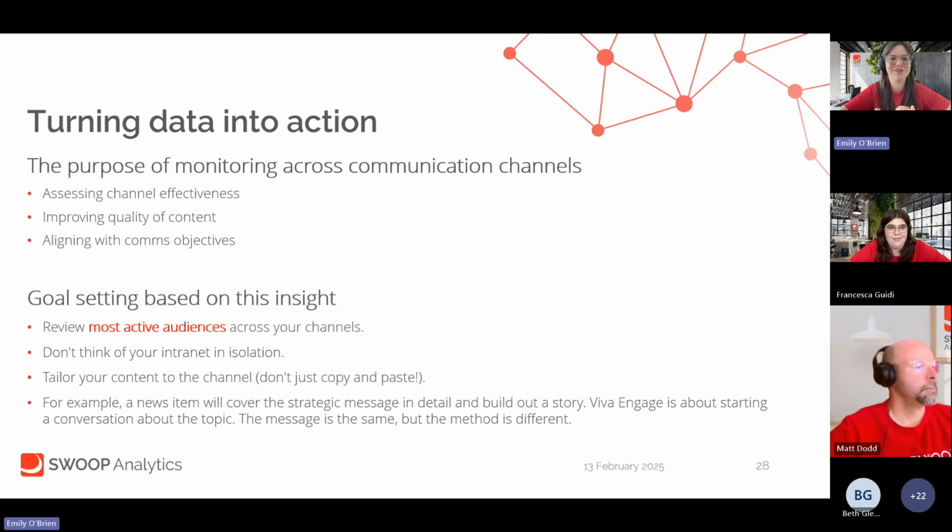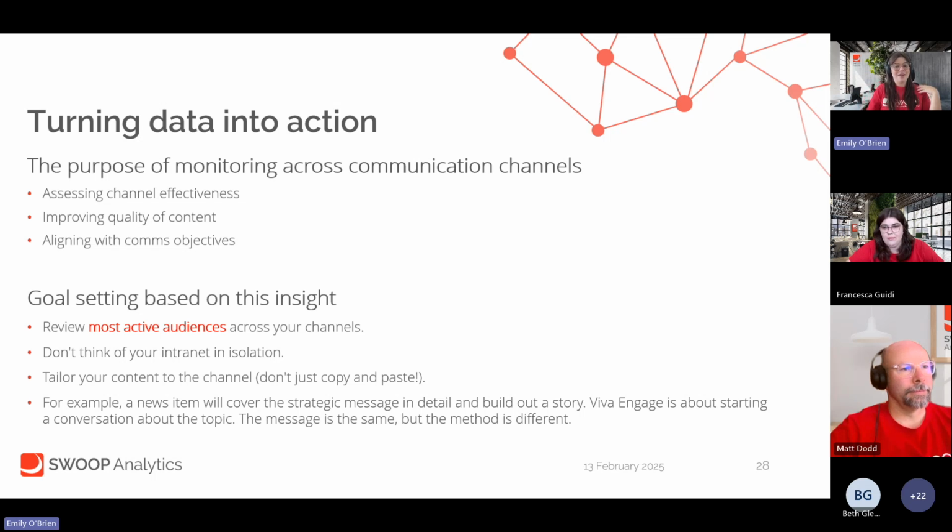And please do not copy and paste the way that you're presenting that message across those different channels. It should be totally different in the way that you're framing that on SharePoint versus putting a post out on Viva Engage versus putting an email update out there. So the news item on the intranet should cover off maybe more of the message in more strategic detail, build out the story, bring in the human interest angle where you can.